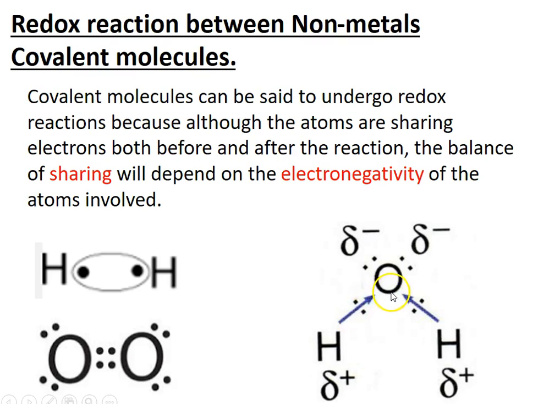So the oxygen, instead of sharing its 2 electrons with another oxygen, which would be equally, each oxygen is as attractive to electrons as the other, and each hydrogen is as attractive to electrons as the other. When you put them together, the oxygen is more electronegative than the hydrogen, so the electrons are being shared with the oxygen but not shared equally.